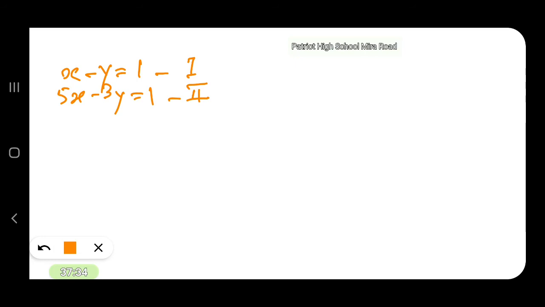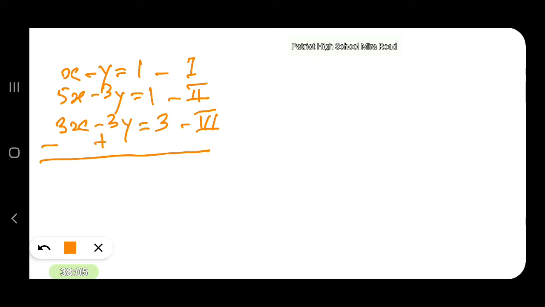Now we will multiply equation 1 by 3 and write the same as equation 3. So multiplying equation 1 by 3, we have 3x minus 3y is equal to 3. Subtracting equation 3 from equation 2, we will change the signs. Minus will become plus and plus will become minus. So it will be 2x is equal to minus 2, or x is equal to minus 1.